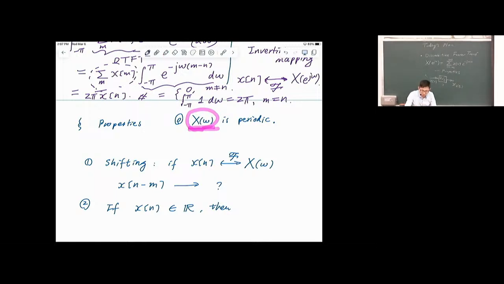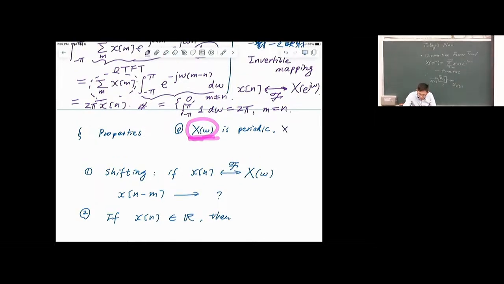It's kind of sloppy, but you know what I mean. So this is a spectrum. Now I want to show a few properties. The first property we need to look at together is that X of omega is always periodic.